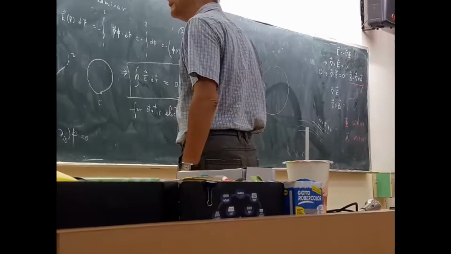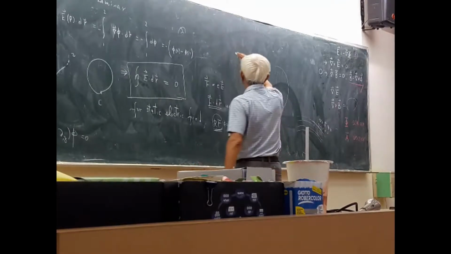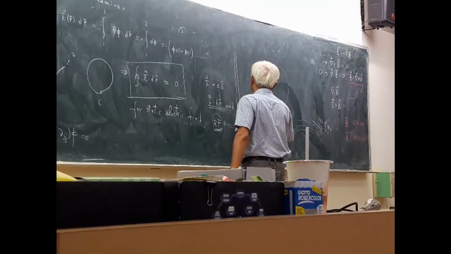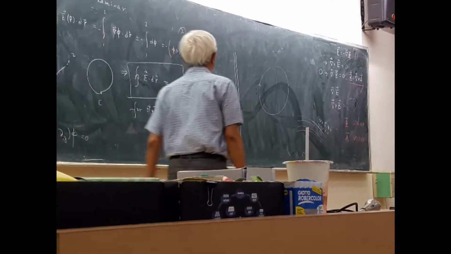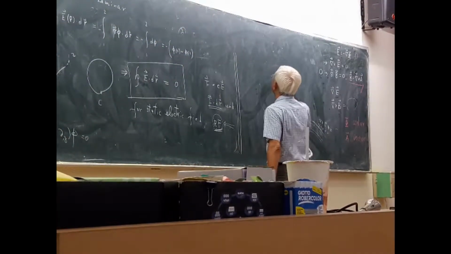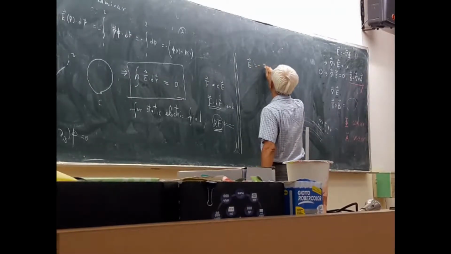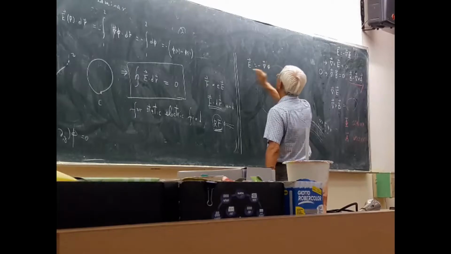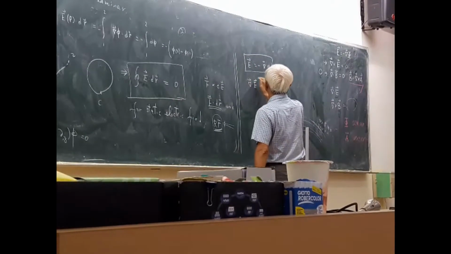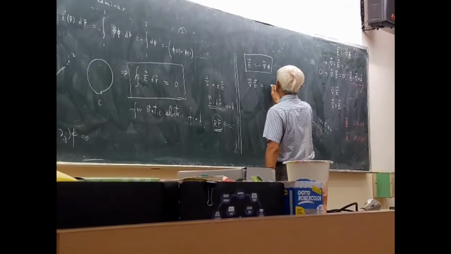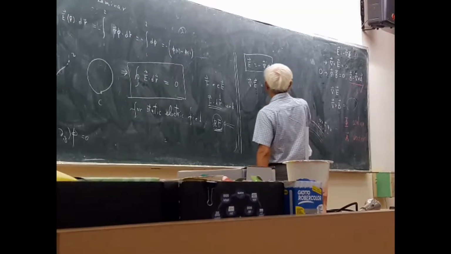And the second thing is that the field is minus the gradient of phi. So divergence E equals minus divergence of gradient phi.